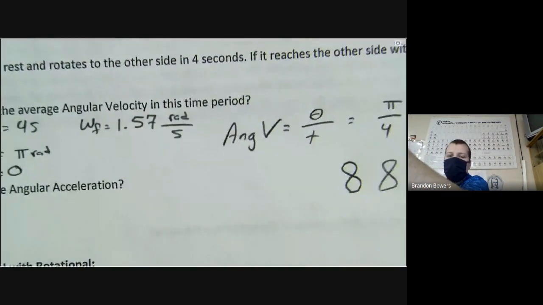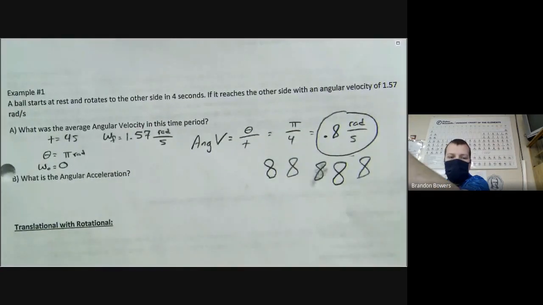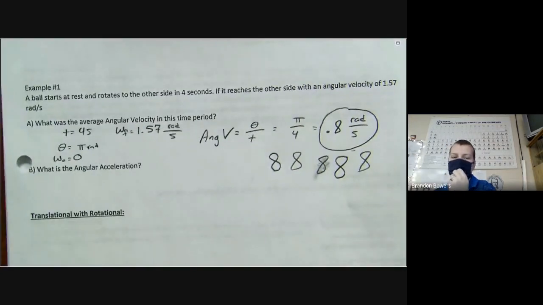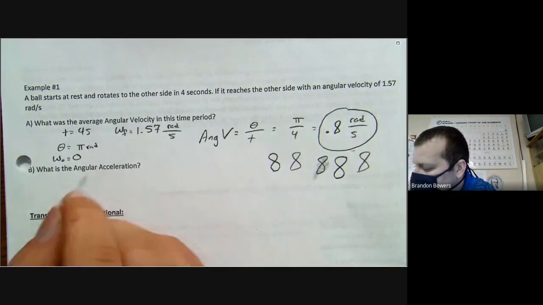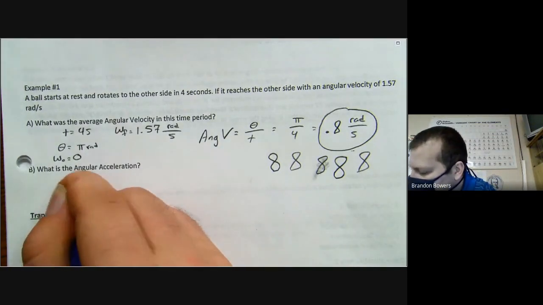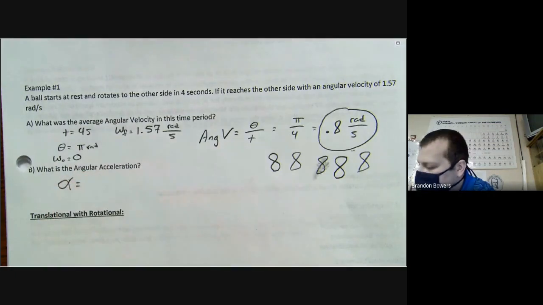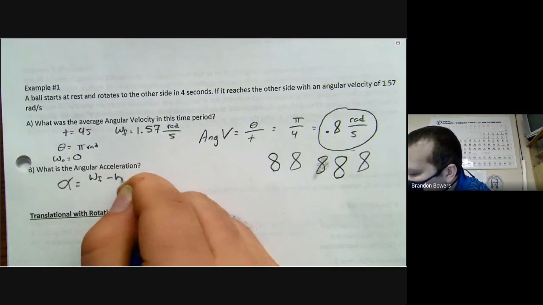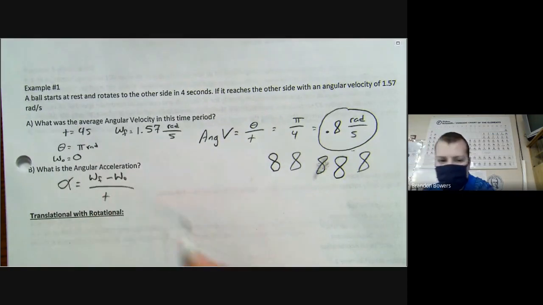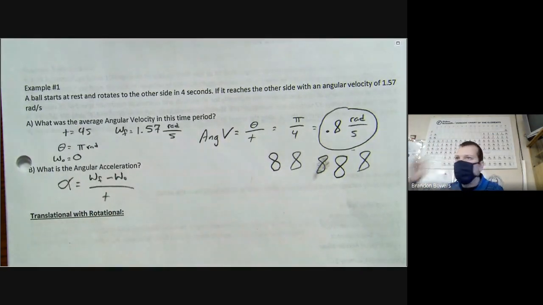All right, so we got our angular velocity. What is our angular acceleration? Remember, acceleration, or in this case alpha, is equal to omega final minus omega initial all over time. It's literally acceleration, just different terms.